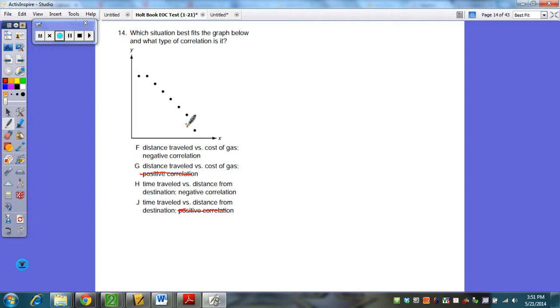No, it does not. If my gas increases, does my distance decrease? No. So it's not going to be F, and we're left with H. Time traveled versus distance. Okay? So the more I travel, the less distance I have. So that makes more sense to us.